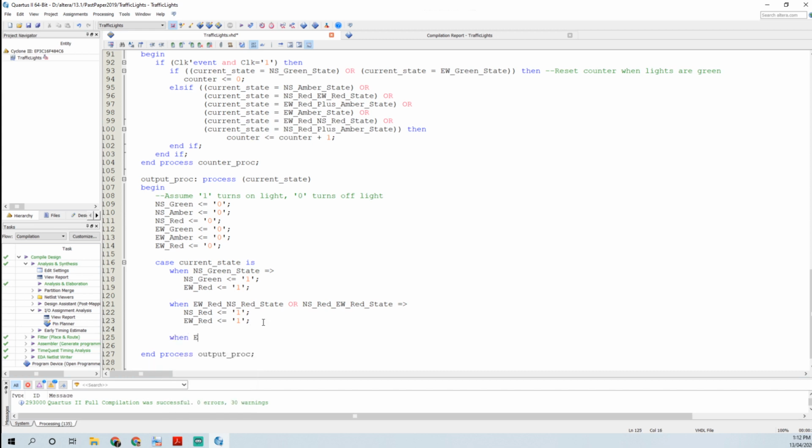When I'm in the east-west green state, that's when my east-west lights are going to be green, and at the same time my north-south red has to be on because my north-south lights have to be red.